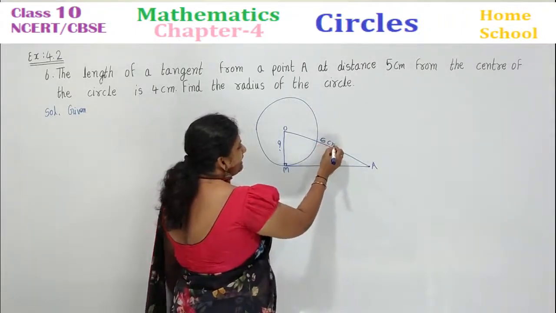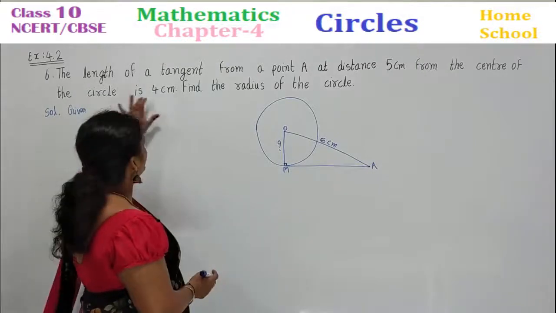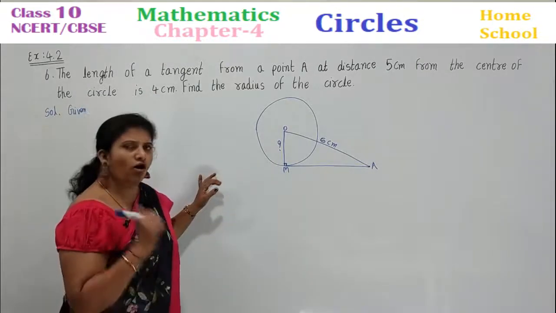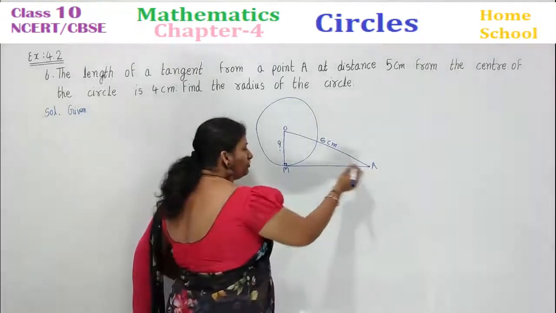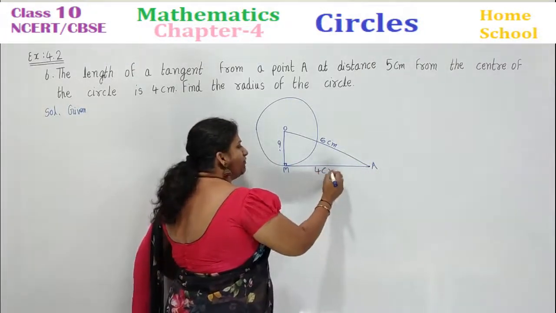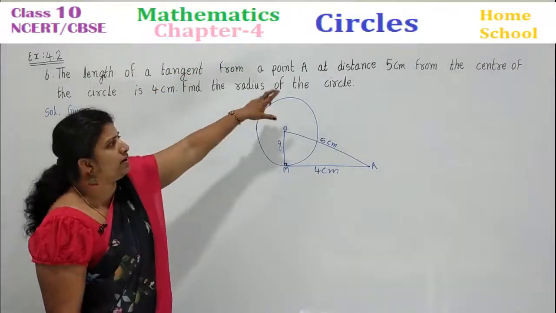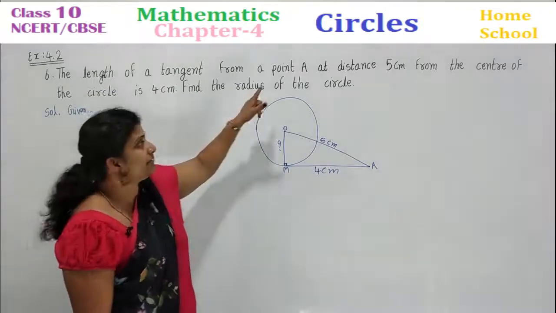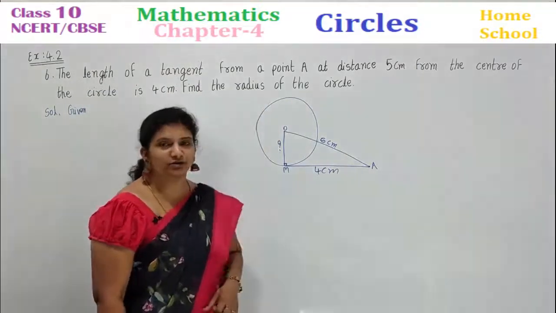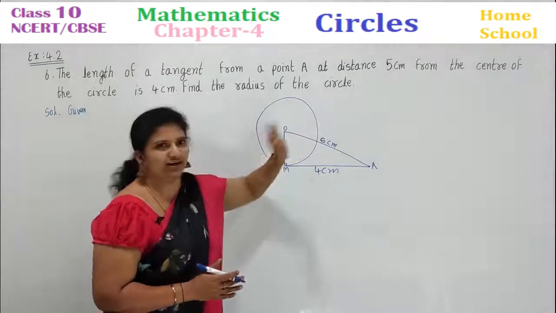Let us write this line: distance 5 centimeters. Of the circle is 4 centimeters. Of the circle of what? Which circle? The length of the tangent from a point A of the circle is 4 centimeters. But in the middle, another point is included. Most of the people will write 5 here, 4 here.